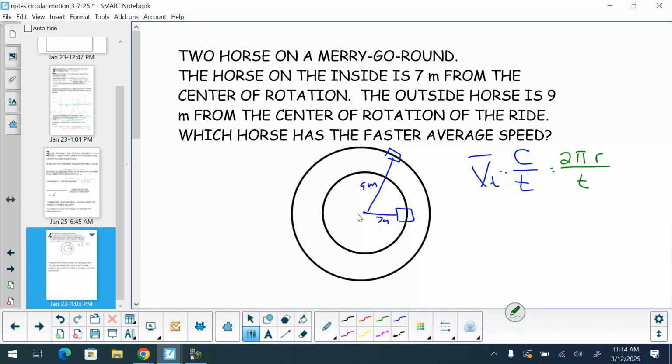So if we look at the 9 meter and 7 meter horse, my average tangential velocity is 2 pi times 9 divided by this time, or 2 pi times 7 divided by this time.